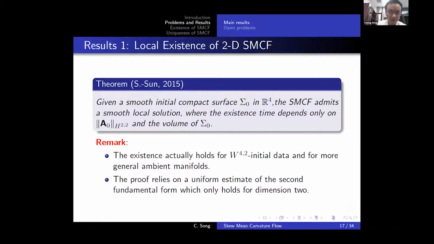We only proved the local existence, but we find that the existence time, the maximum time, only depends on the Sobolev norm of the second fundamental form A, and also the volume. And we use a technique which only works for dimension 2. Okay, next.